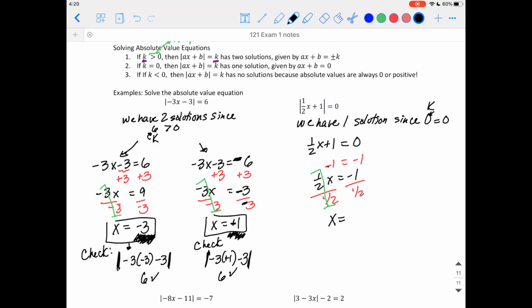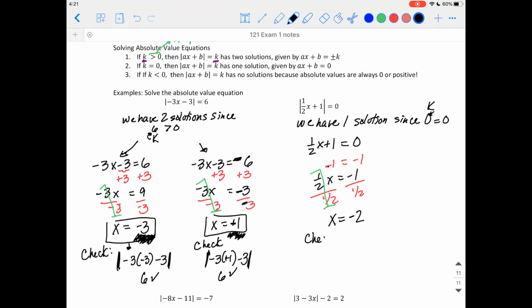And negative 1 divided by 1/2: first of all, a negative divided by a positive is going to be a negative. And 1 divided by 1/2, if you use your calculator right, is 2. So you should get negative 2.